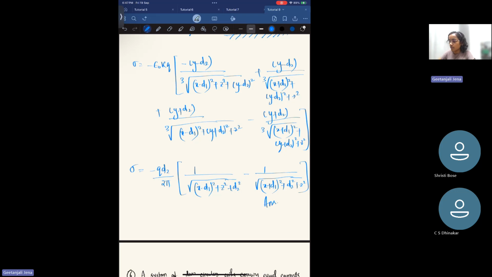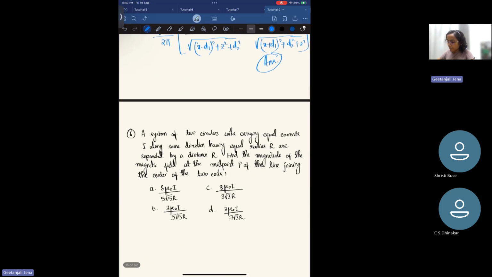Okay, so this is for another plane. Do the intermediate step, we will get. Okay, so for now, let us move to our next problem.